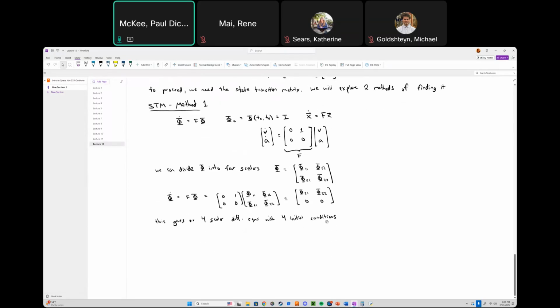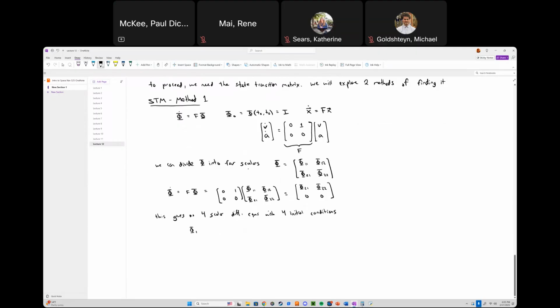So we can go through and solve this element by element. Starting with phi 1,1 initially, we know that the initial phi is the identity matrix, which means that phi 1,1 initial is 1. But we also know that phi 1,1 dot is phi 2,1. Is that enough to solve the problem? Maybe not. I don't really know what this means.